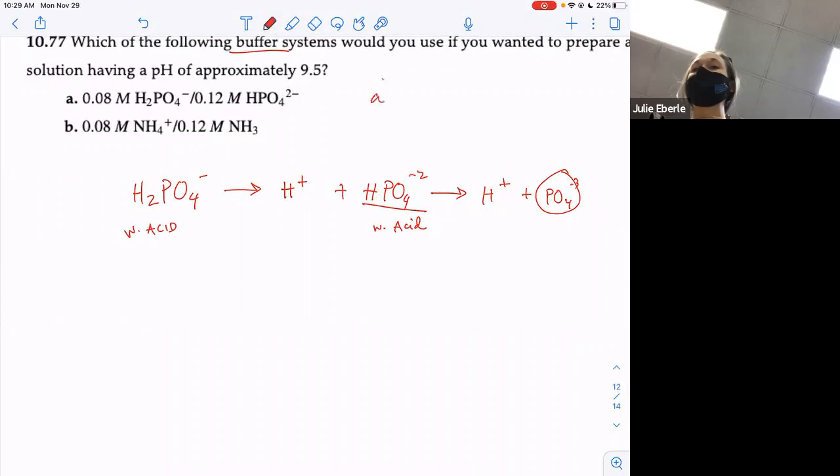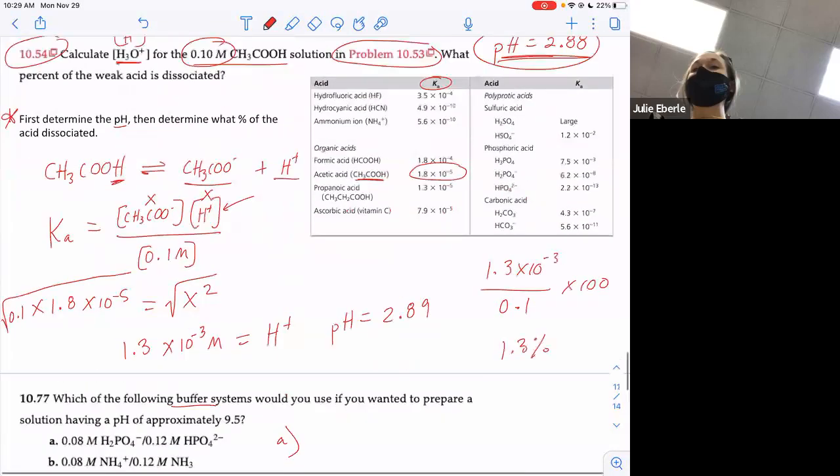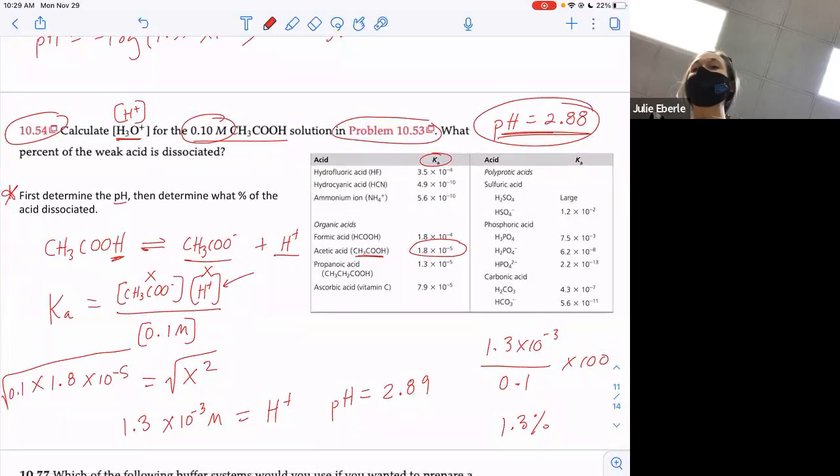All right, so now that we know what the weak acid is, for substance A up here, how do we determine if it would give us a buffer system with a pH around 9.5? What do we need to go do? You will have this table right here on the exam.